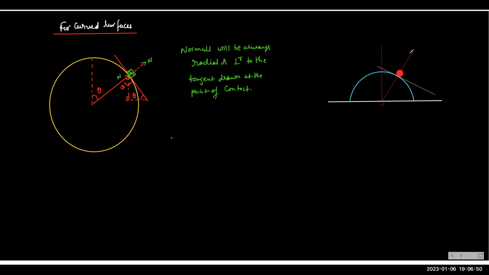So how to draw the normal? You can draw it like this, or if you don't want to draw it there, you can draw it here. It is a matter of convenience. Later on, we will learn how to make it convenient in terms of drawing, so that we can convert it into a mathematical relation easily. So is this part clear?